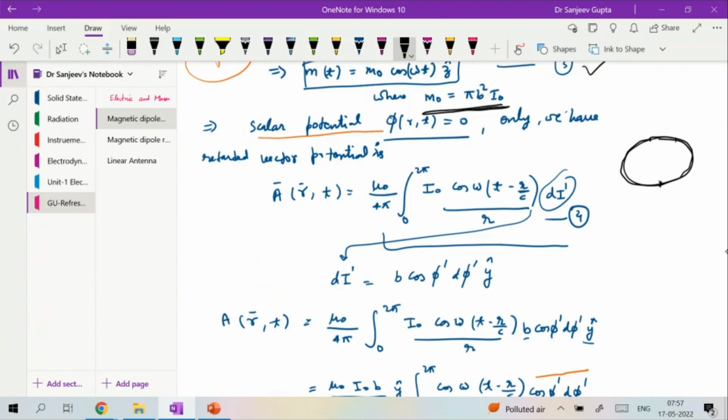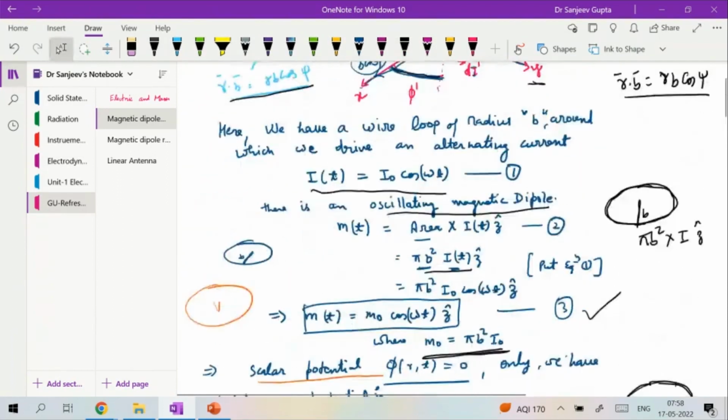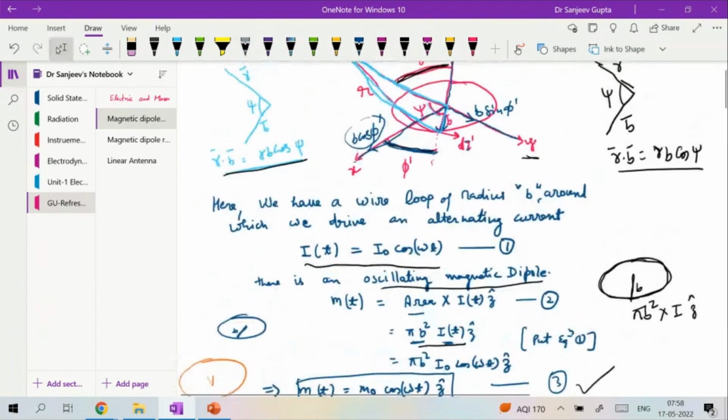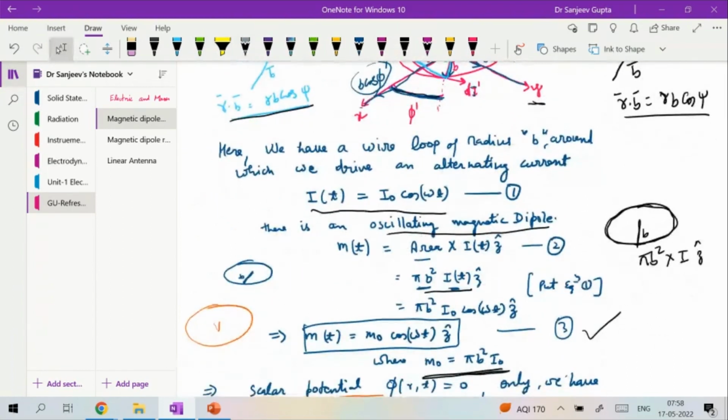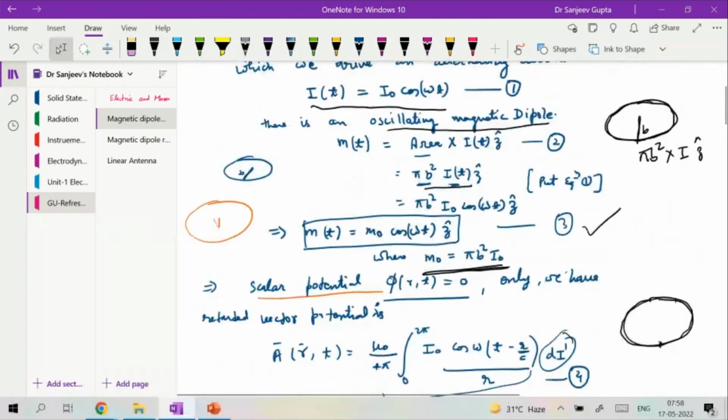Therefore we have taken 0 to 2 pi, and then I0 cos omega (t minus r by c), and the other term is the current element dl. But dl prime we can write as what we have shown earlier, what we have calculated: r dot b is equal to rb cos phi, in terms of rb cos phi.